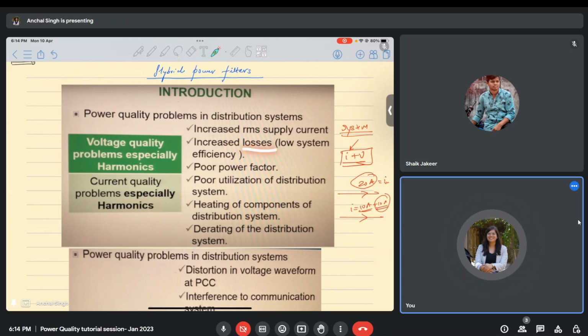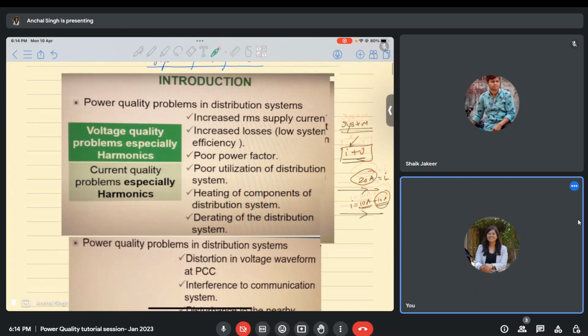And because of these losses, heating takes place in the components of the distribution system, and because of that, we have to derate the distribution system. We have discussed derating before, so let us revise it one more time. Derating means we have to derate this 20 ampere line to a 10 ampere line just because we need to give 10 ampere of space for harmonic current to flow. So to tell my subordinates that this is a 20 ampere RMS line, I will tell them that you can pass only 10 ampere active current through this line. That means I am derating this line. Why am I derating? Because of the presence of these harmonic components and losses in the system.